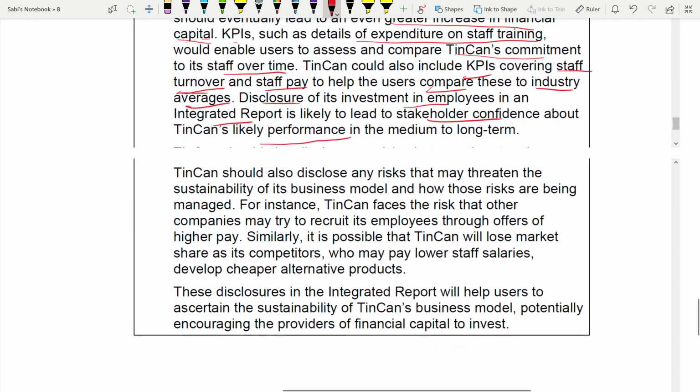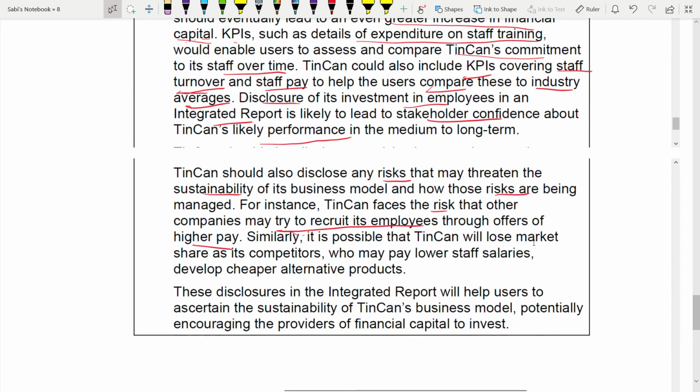Now, they have to disclose risk also, not just the good side, the benefit side, but risk also that may threaten the sustainability of the business model, and how they are going to manage the risk. So for instance, in this case, what is the risk that Tin Can could face? The risk is that other companies may try to recruit its employees through offers of higher pay.